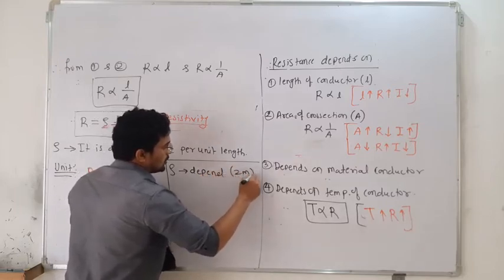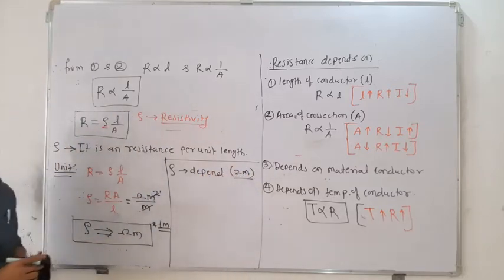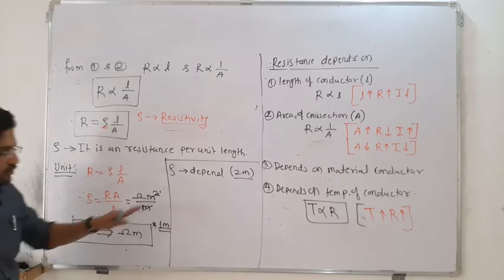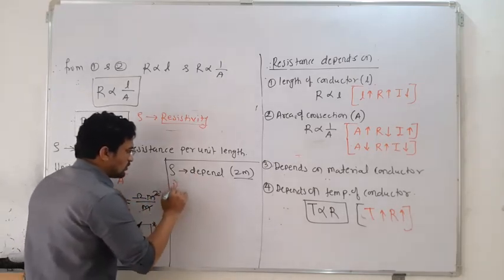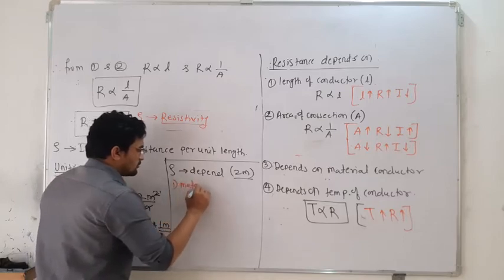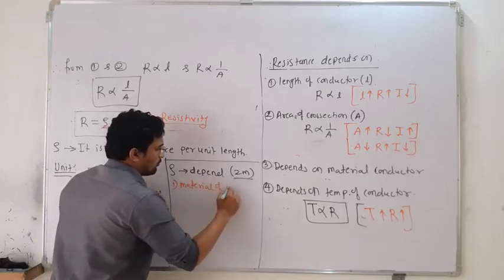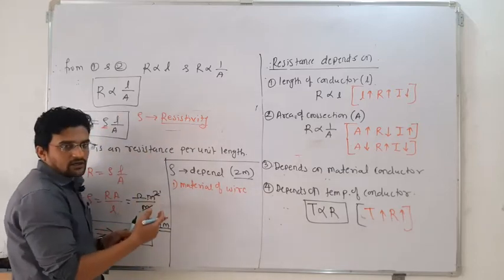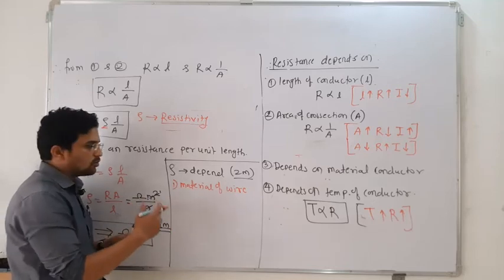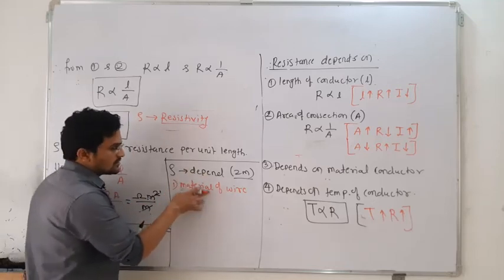For two marks: on which parameters does resistivity depend? It depends only on the material of the wire, that is, which material the wire is made of, copper or aluminum.